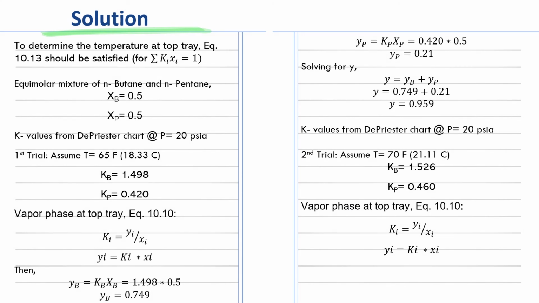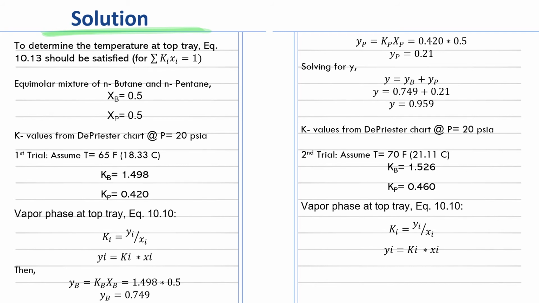To determine the temperature at the top tray, equation 10.13 should be satisfied: the summation of Ki times Xi is equal to 1. Our Xi, or the mole fraction, is given in the problem, which is an equimolar mixture of n-butane and n-pentane, giving 0.5 each.